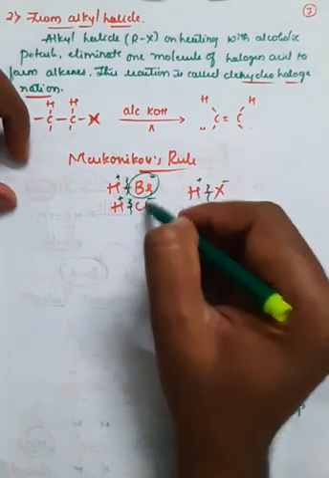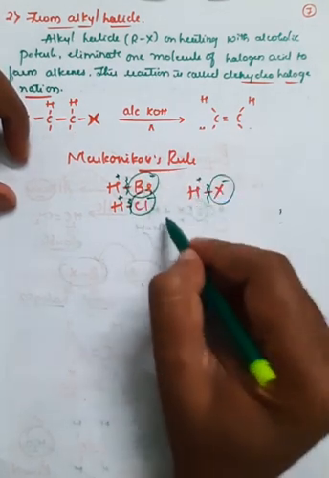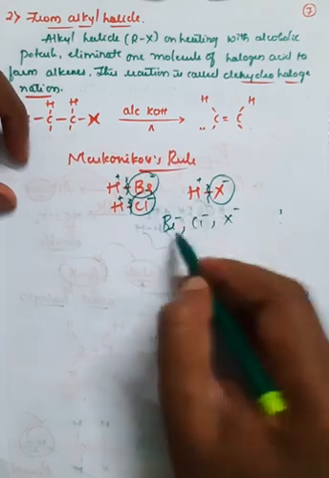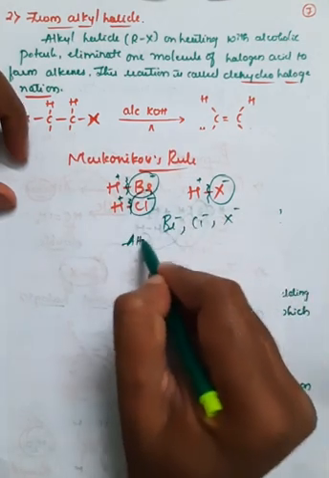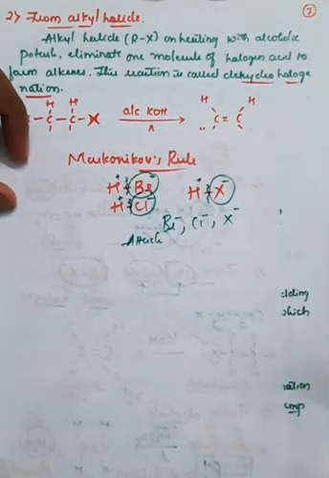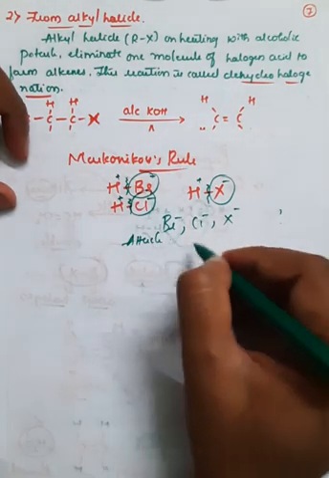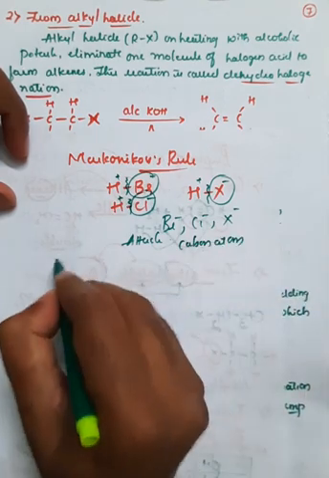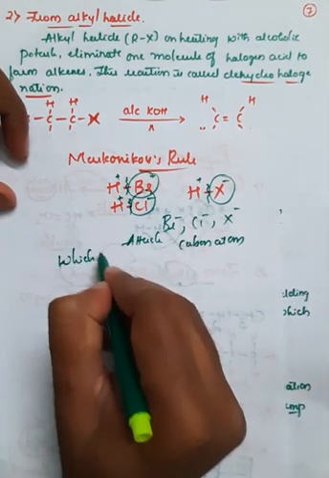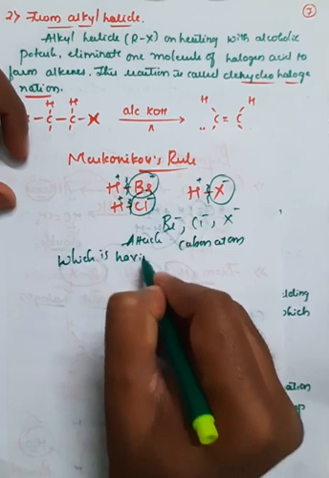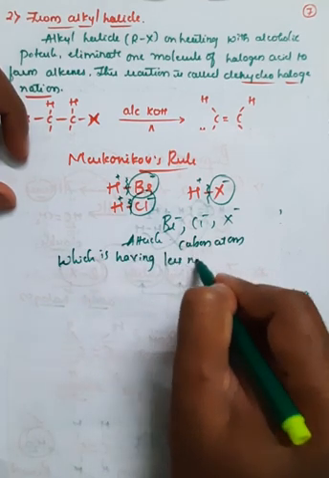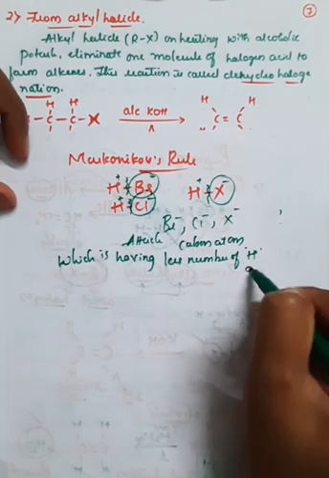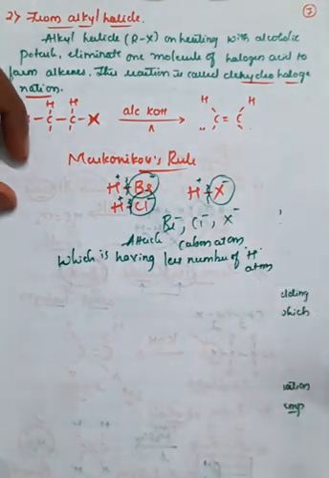So this negative part, whether Br minus, Cl minus or X minus, will attach to the carbon atom which has fewer hydrogen atoms.